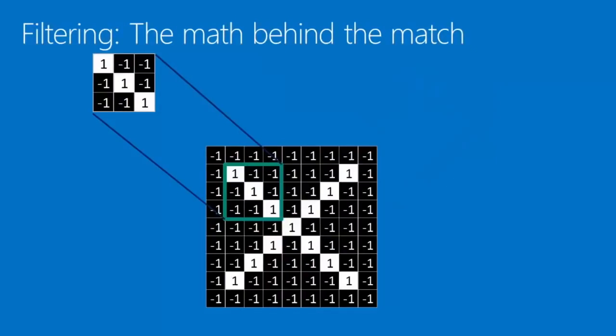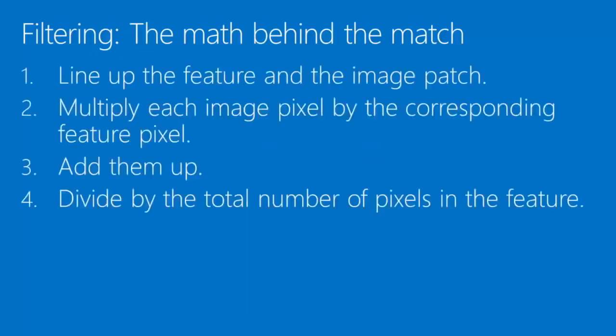Now, to take a step deeper, the math behind matching these is called filtering. And the way this is done is a feature is lined up with the little patch of the image, and then one by one, the pixels are compared. They're multiplied by each other, and then added up and divided by the total number of pixels.